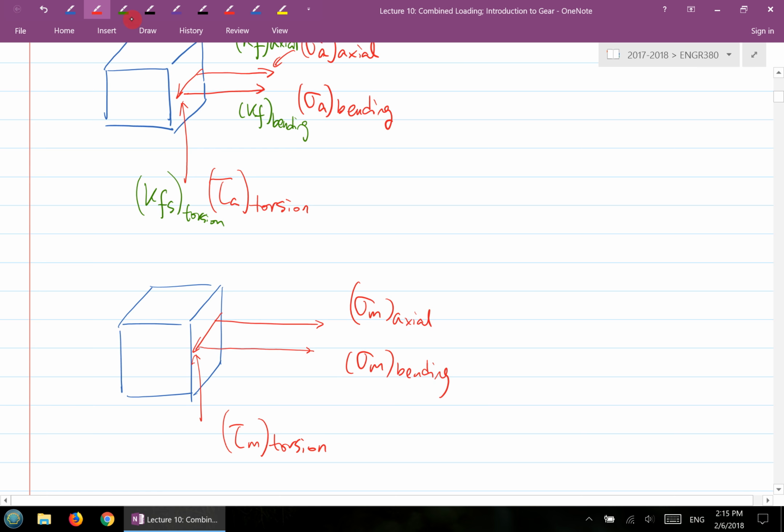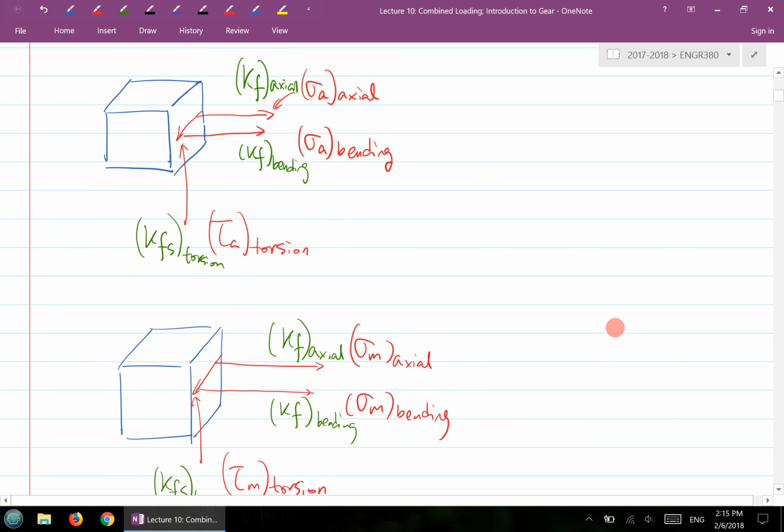And of course, if the location has a fatigue stress concentration factor, then you have to multiply the Kf right here. So that's the situation right here.